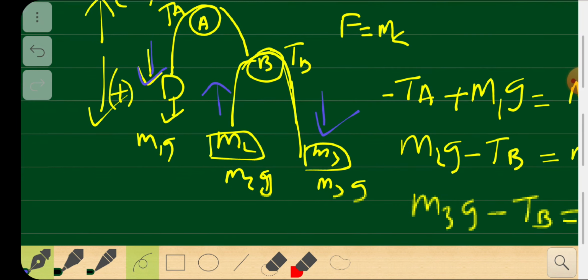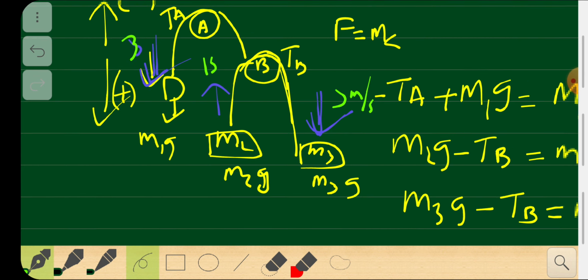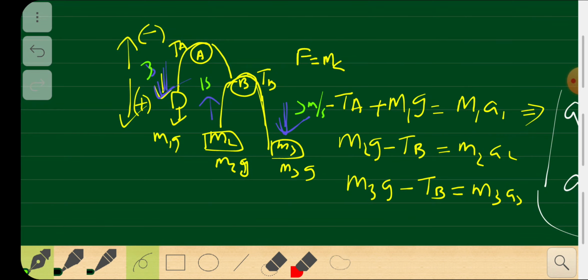So you can predict it just by looking at this equation. So this will go down, up, and down with approximately 3 meter per second square, this goes up by 8 meter per second square, and this goes down by 3 meter per second square. So that's what is exactly happening.